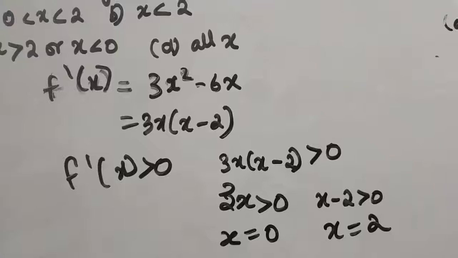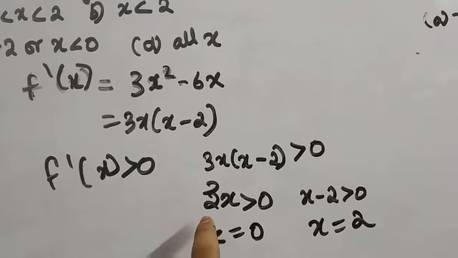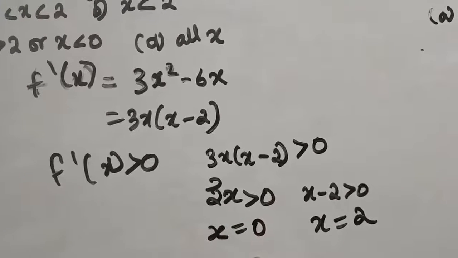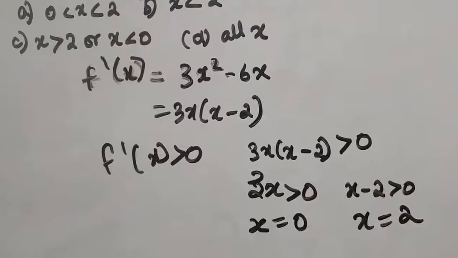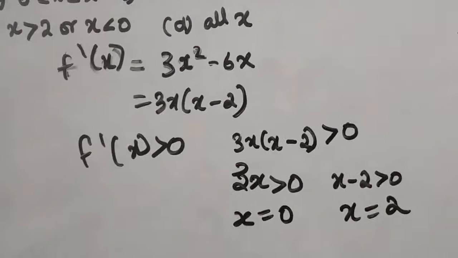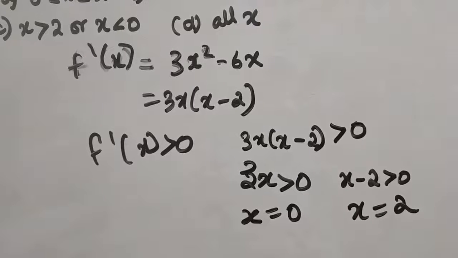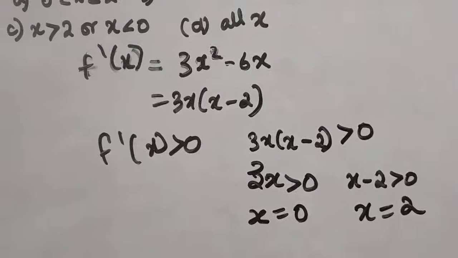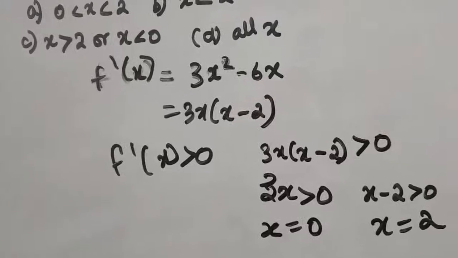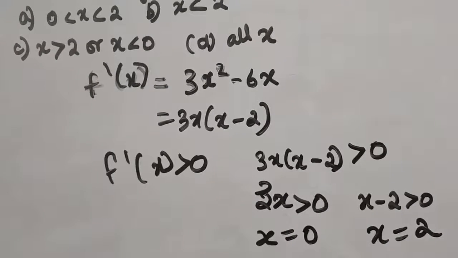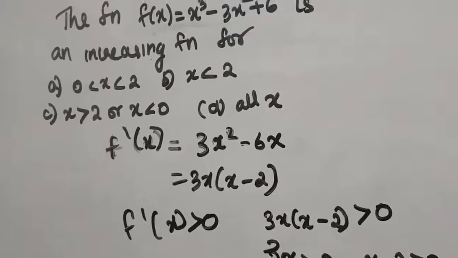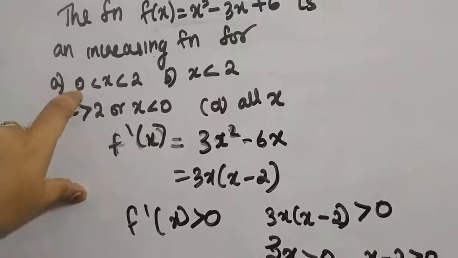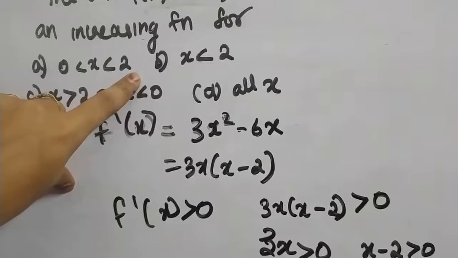For the time being, for finding out the interval, I am just equating 3x equal to 0, so I'll get x equal to 0. x minus 2 equal to 0, so I'll get x is equal to 2. Now we have to find in which interval it is increasing. So just see what are the intervals given, 0 to 2.